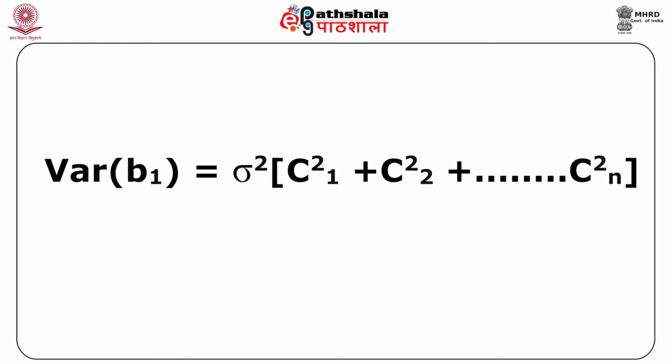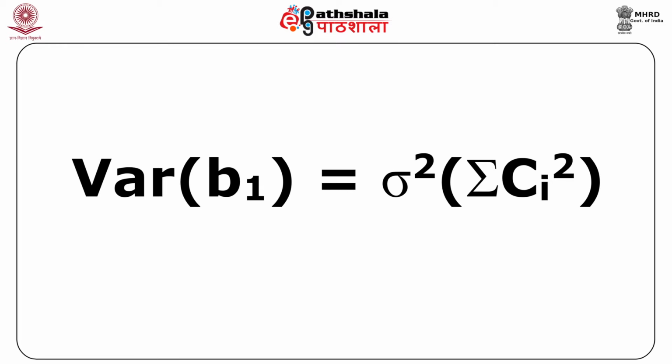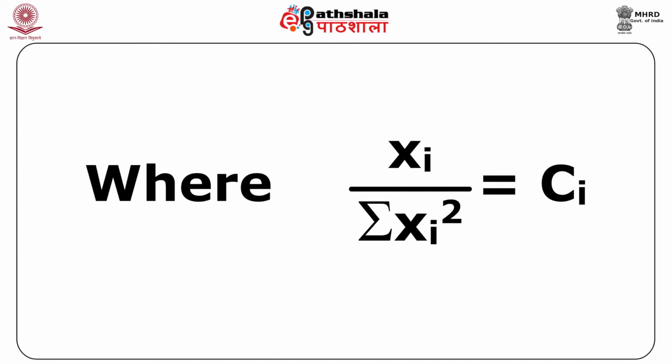Variance of b1 is equal to sigma square brackets c1 square plus c2 square till cn square brackets closed. Variance of b1 is equal to sigma square summation ci square, where xi divided by summation xi square is equal to ci.